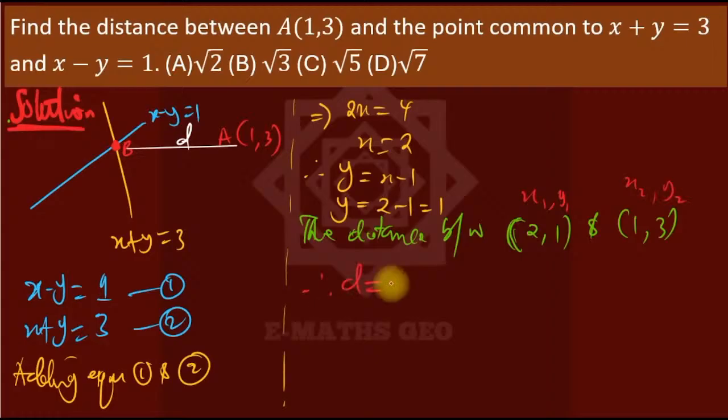Therefore, distance is the square root of (1 minus 2) squared plus (3 minus 1) squared. So that gives us the square root of 1 plus 4, which is the square root of 5. That's option C.